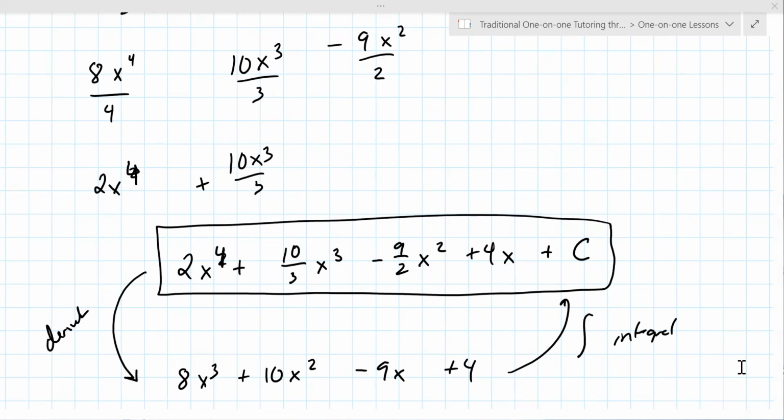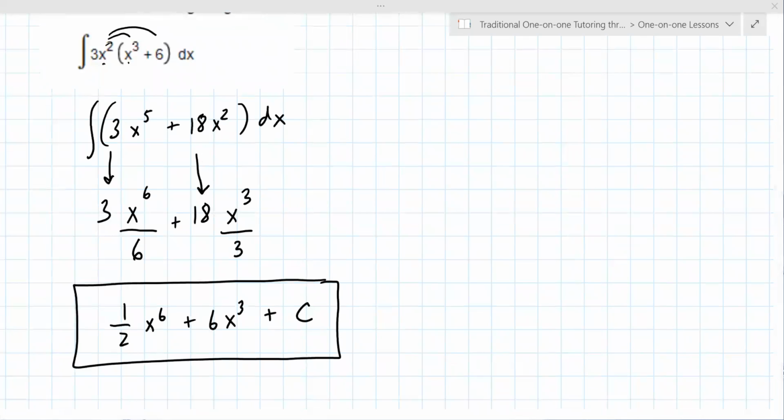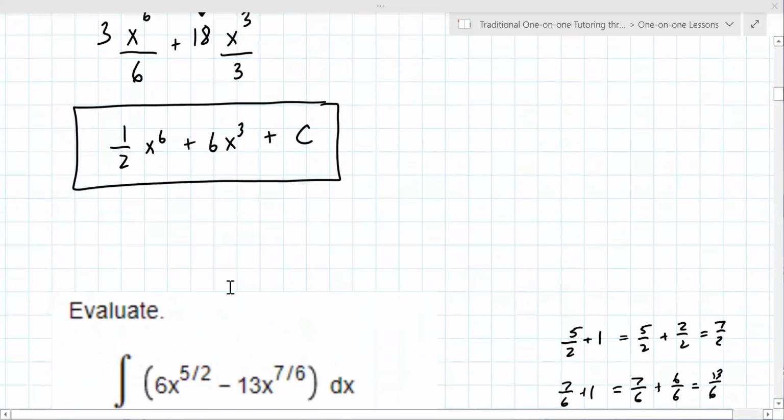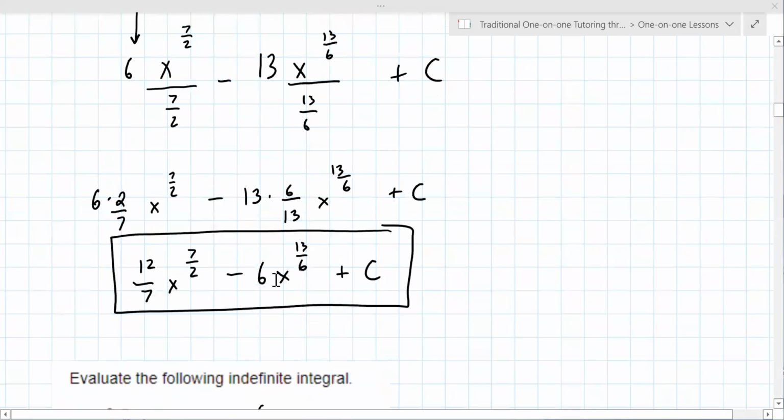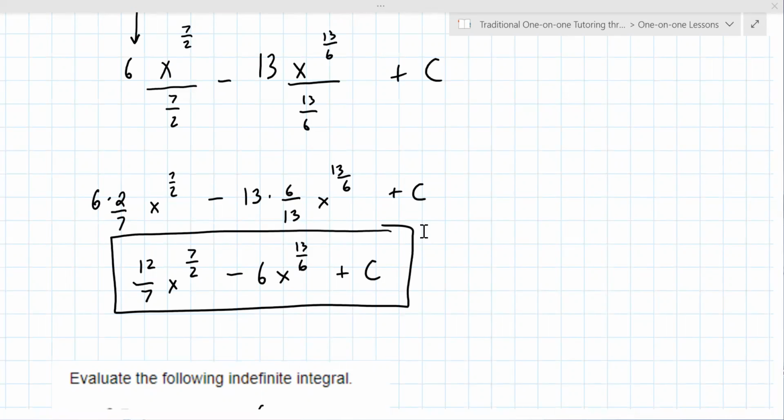Okay. The second one, 3x to the 5th plus 18x squared. Okay, looks good. Okay.